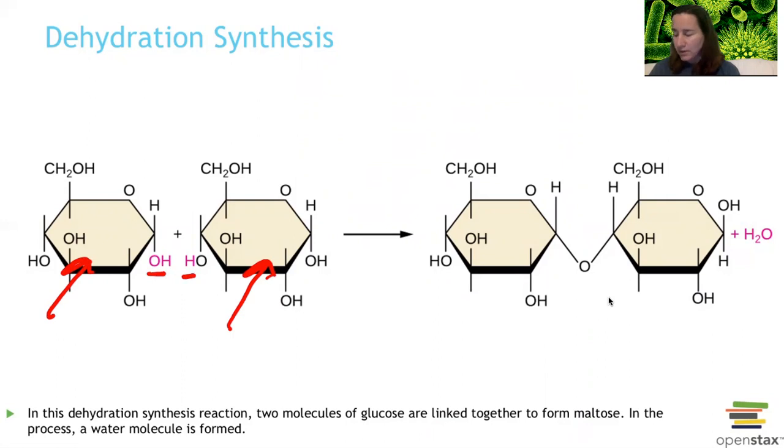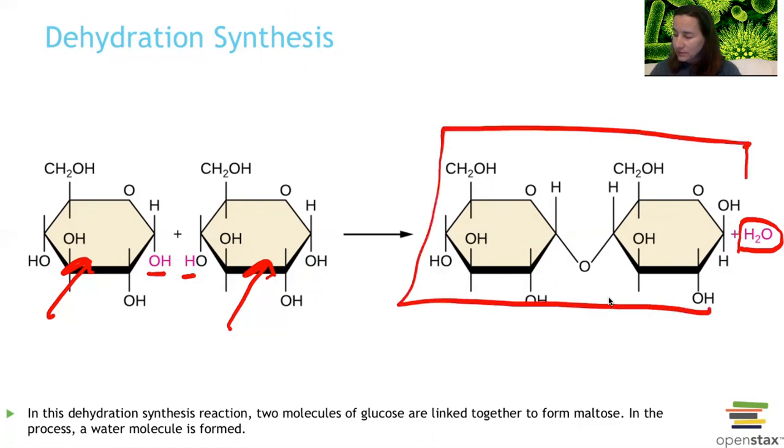If we pulled that water out, we have dehydrated it. If you are thirsty, you are lacking water. When we dehydrated it and pulled the water out, we synthesized another different molecule. So this was glucose, here's glucose, and we want to bring them together to build a bigger, larger molecule.